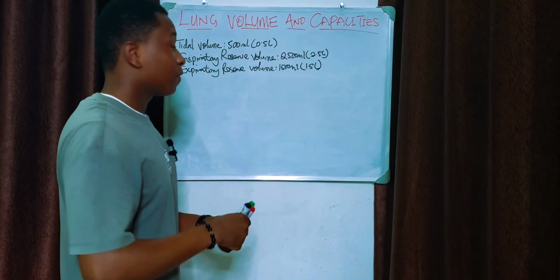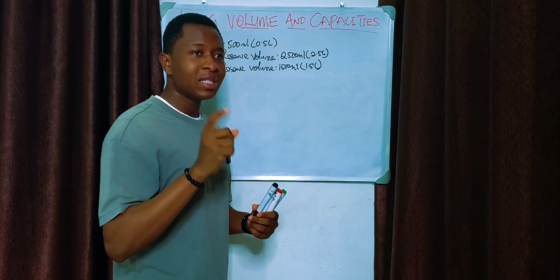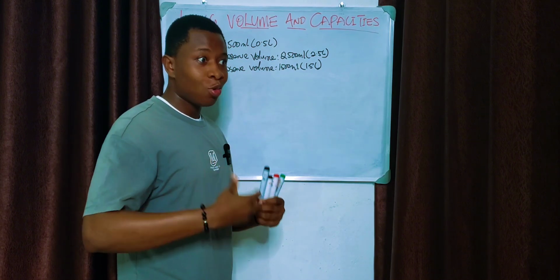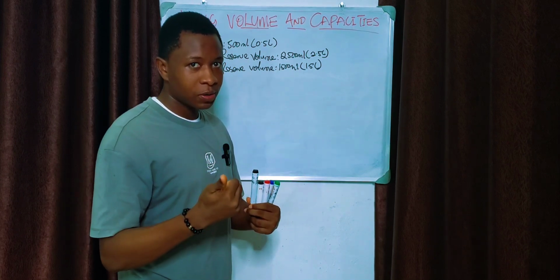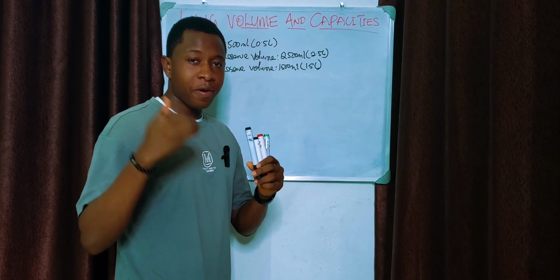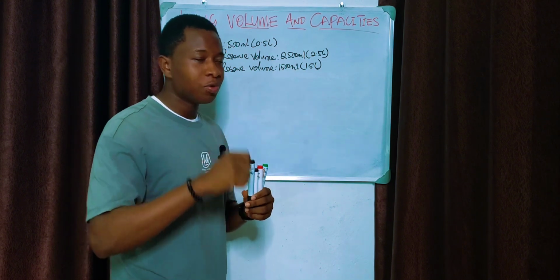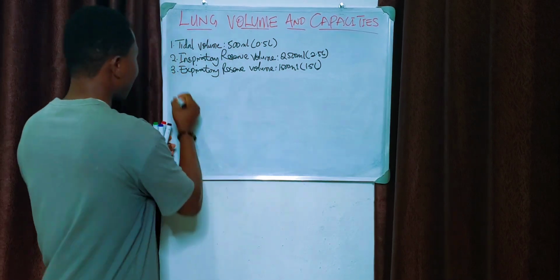Now, whenever you breathe in and you expire, no matter how forcefully you expire, it is not all the air in the lungs that leaves the lungs. We also have some amount of air remaining in the lungs, and that is what we call the residual volume, which is the last one here.